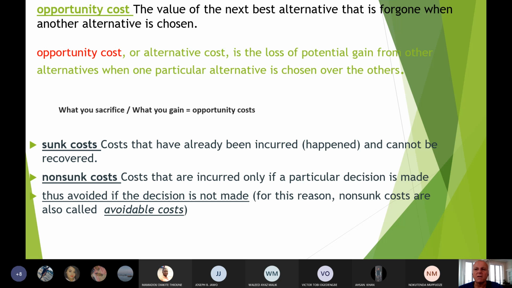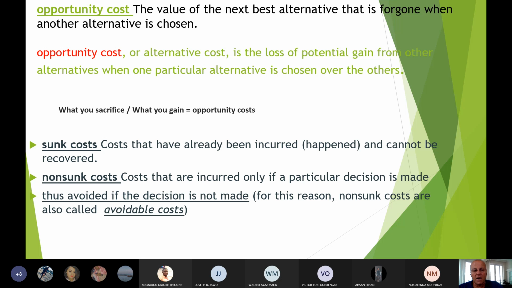If it brings you better off, your trade becomes better, then you will use these preferences. The opportunity cost or alternative cost is the loss of potential gain from other alternatives when one particular alternative is chosen over the others. What you sacrifice divided by what you gain is the opportunity cost.